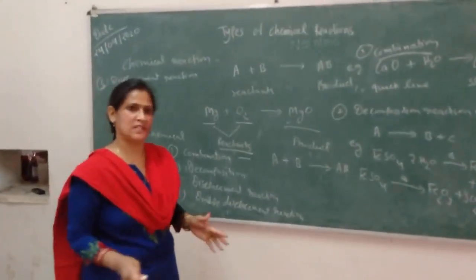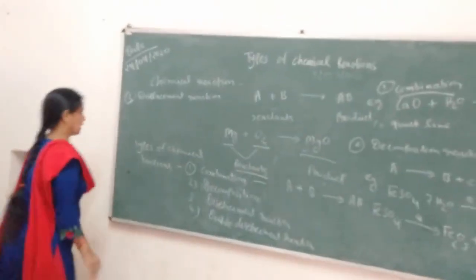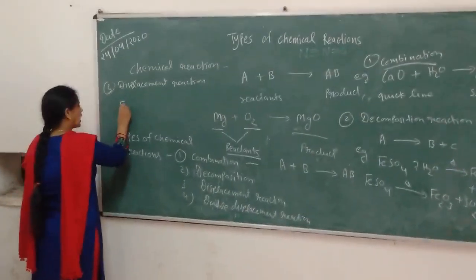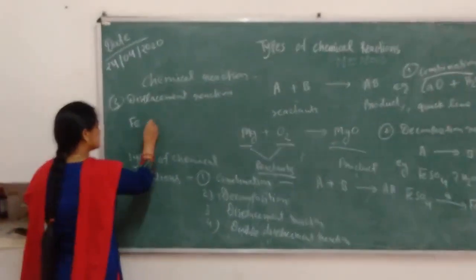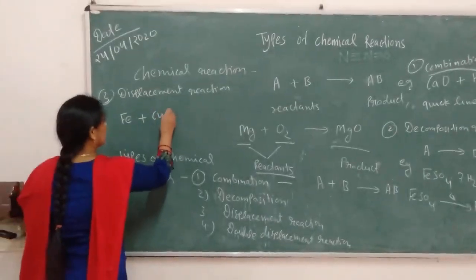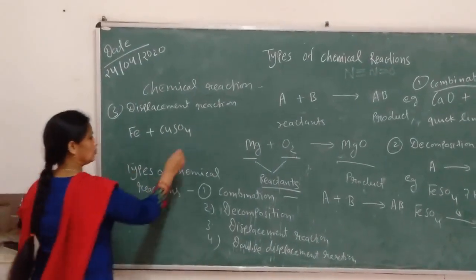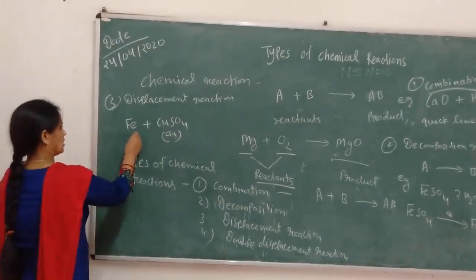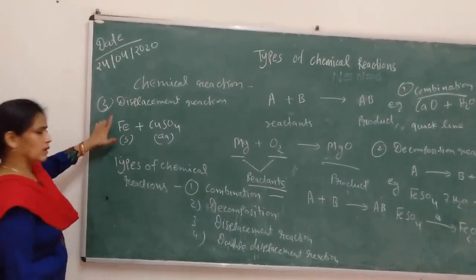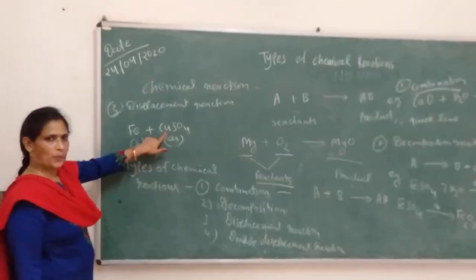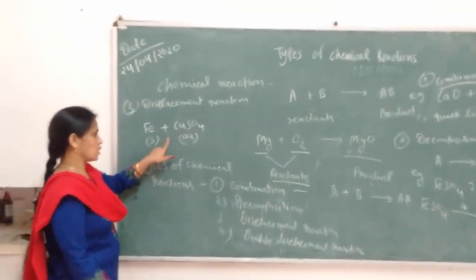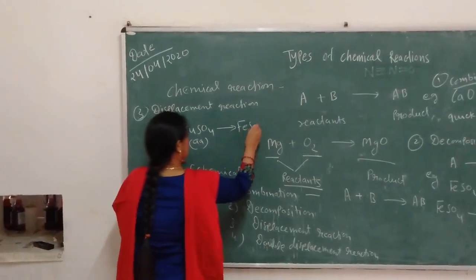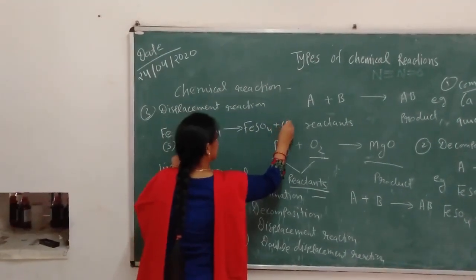This is displacement. In such type of reaction, a more reactive matter displaces a less reactive matter from its aqueous solution. A more reactive matter like iron displaces copper from copper sulfate solution and converts into what? This is FeSO4 plus Cu.